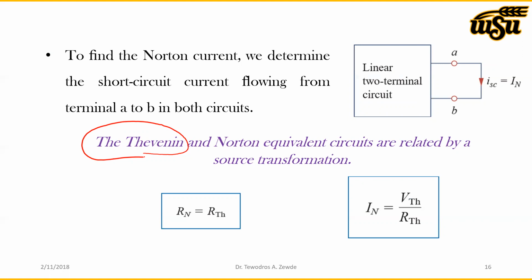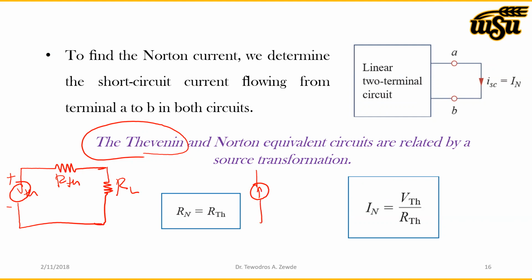Because a Thevenin equivalent circuit has one voltage source, plus minus, let's say this is VTH, and one resistor, which is RTH. And let's say this is a load resistance RL. And this is the Thevenin equivalent resistance. And for the Norton equivalent, we have IN, which is the Norton current, and RN, the Norton equivalent resistance, and the load resistance between A and B, which is RL.